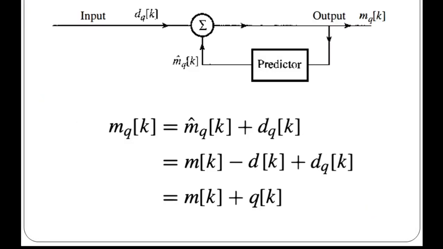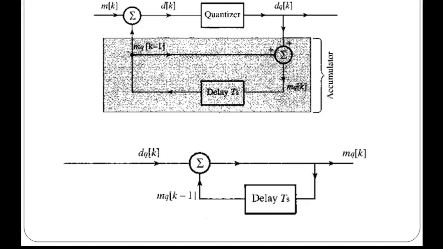In earlier lectures we have seen that we are interested in transmitting as few bits as required for the voice signal. We have seen that by knowing the previous sample value and the present sample value we can predict the future value of the sample.